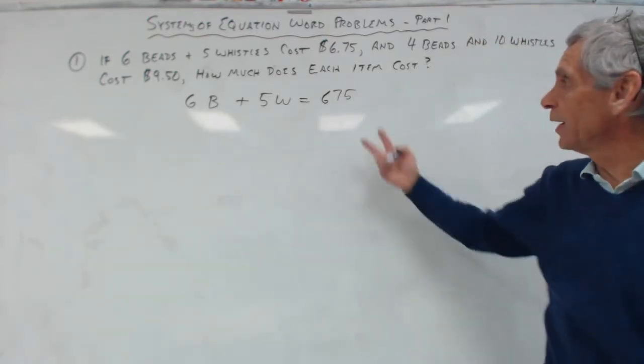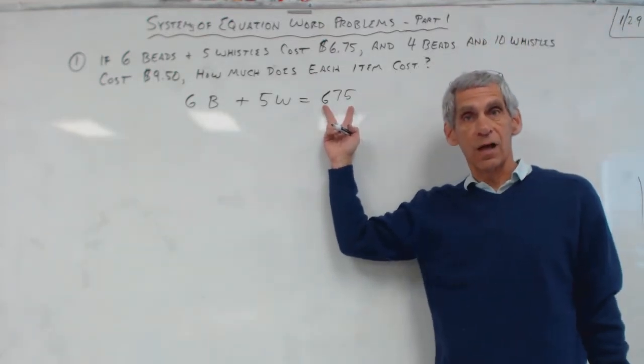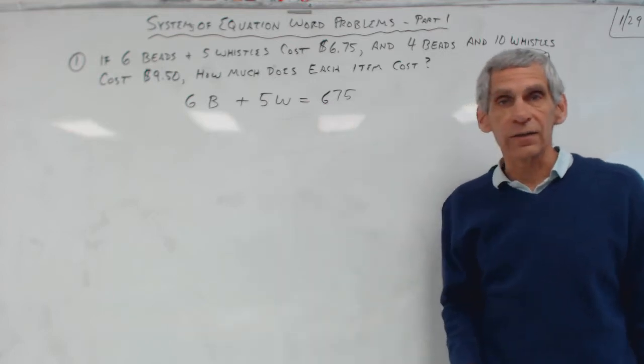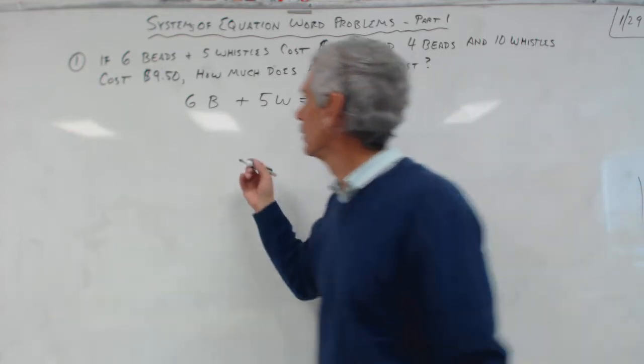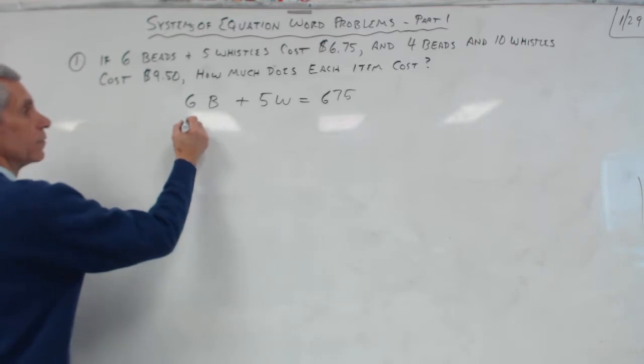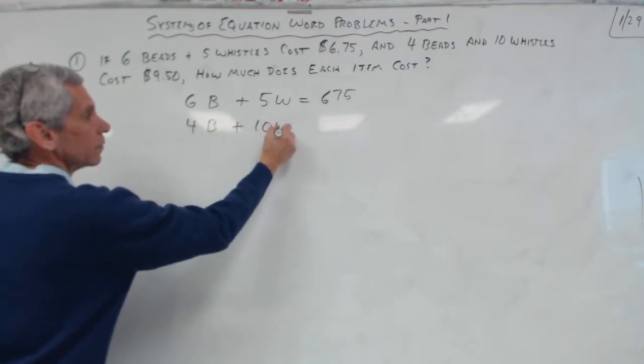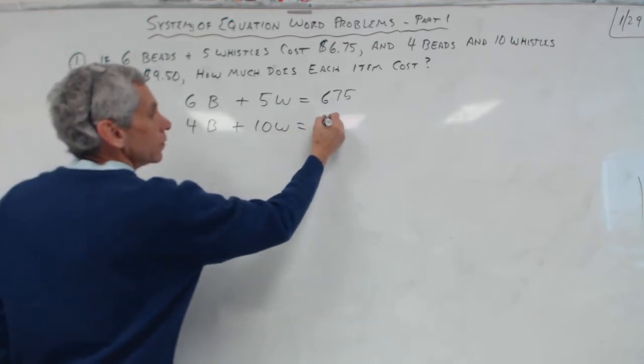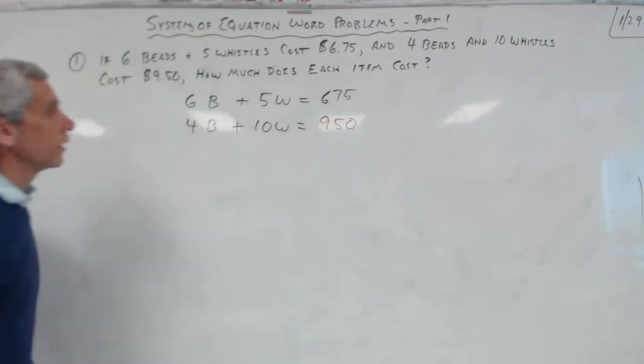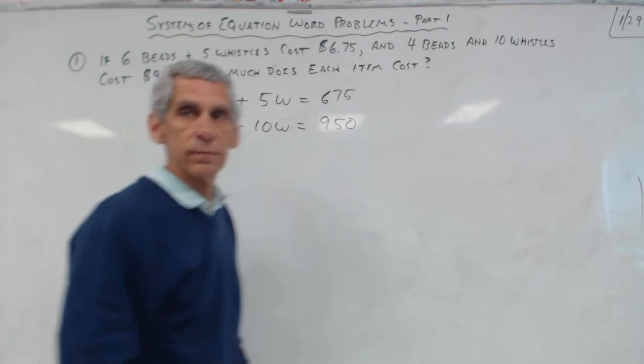I'm just turning it into cents instead of dollars. And then what's the next one? So 4B plus 10W equals 950. All right, so how would you solve it?